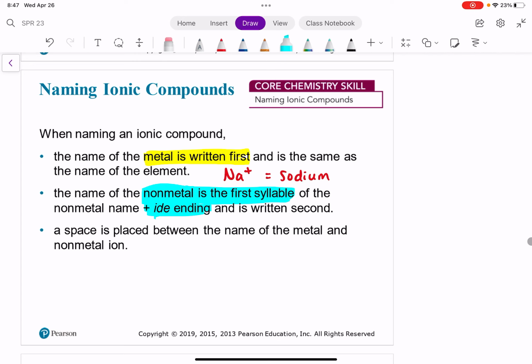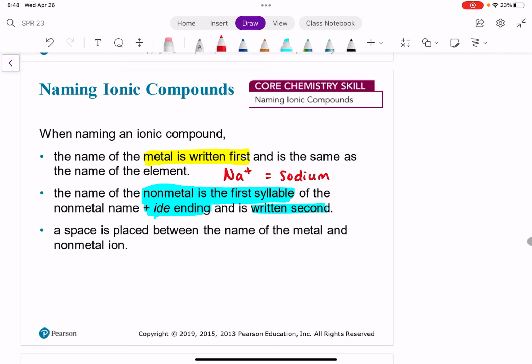And it's always written second. So sodium chloride. Sodium chlorine is not a thing, but sodium chloride, we know, has sodium ions bonded to chloride ions. And then there's a space placed between the name of the metal and the nonmetal.